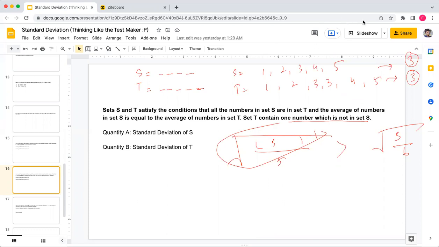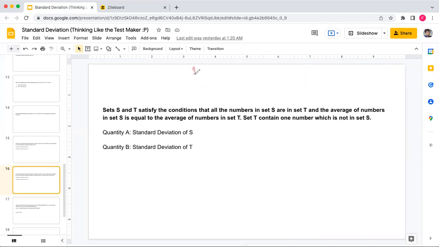For example, I will say 2, 4, 6, and 8, and one more element, 5. Yes, exactly. I was just giving the idea of the concept. Got the point?